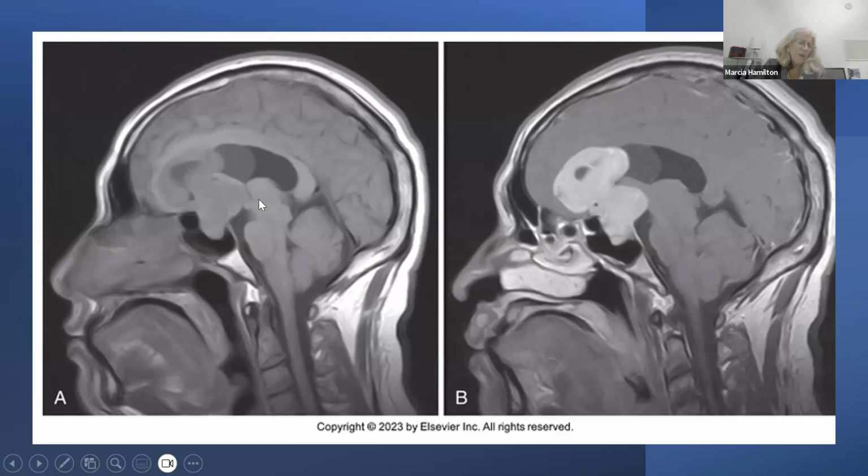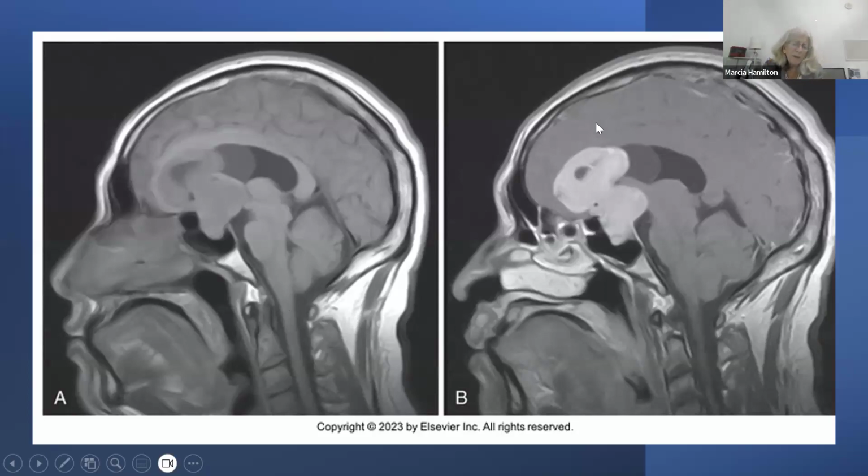What else do I want to show you? So you'll see, like here is going to be where the thalamus is. We're going to have the pons here, and then we'll make our way down to the medulla and the spinal cord. And essentially, what we're seeing is a T1 MRI on the left side and a T1 MRI on the right side.